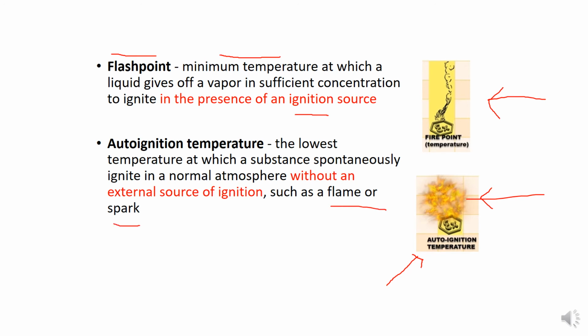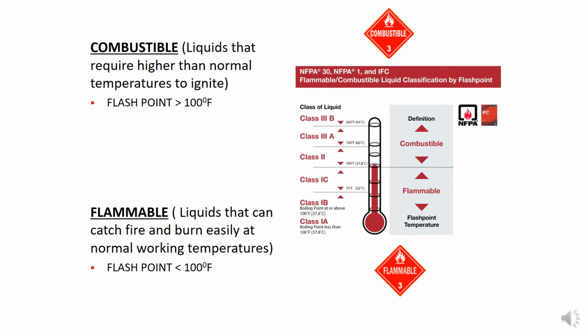They can ignite automatically, without any particular temperature, even at some normal temperature, which means these are more sensitive. The handling of auto ignition chemicals is more sensitive compared to flash point chemicals, because those have a certain temperature range, as well as the other condition of ignition sources. So that is the difference between the properties of both chemicals.